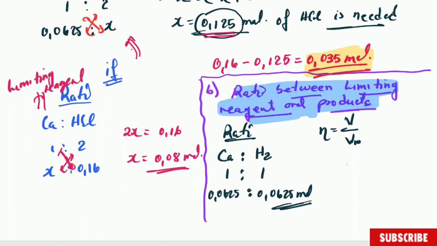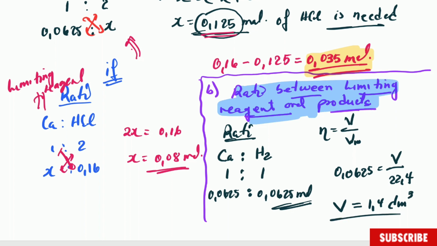When you substitute the values, 0.0625 is equal to volume divided by 22.4. When you rearrange and calculate, guys, you get that the volume formed is 1.4 cubic decimeter. Guys, this is the end of the question.